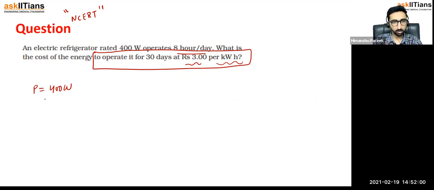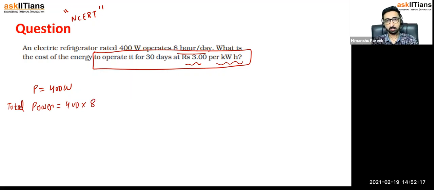All right. If we are using it for 8 hours, then total energy will be 400 multiplied by 8. So now this has become in hours. Sorry, this is the wattage, and this is hours.